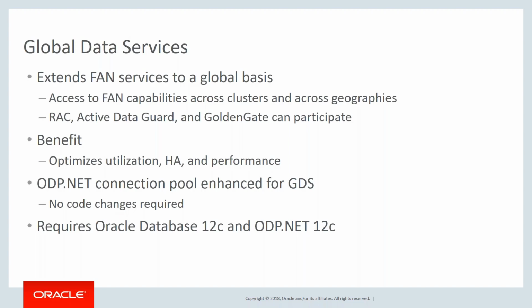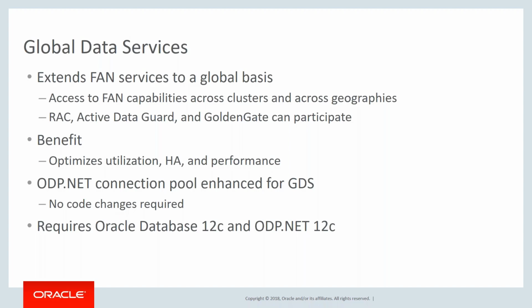Whereas before, FAN could provide your high availability only within one cluster or one machine, or across maybe some Data Guard instances, what global data services does is allow you to extend FAN to all your Oracle database systems globally, so that it can act as kind of a super cluster across geographies. And it works with most of our HA technologies. So RAC, Active Data Guard, and GoldenGate can participate in global data services.